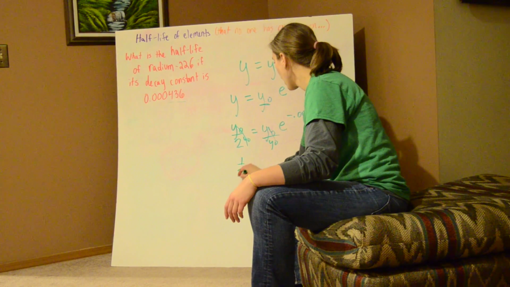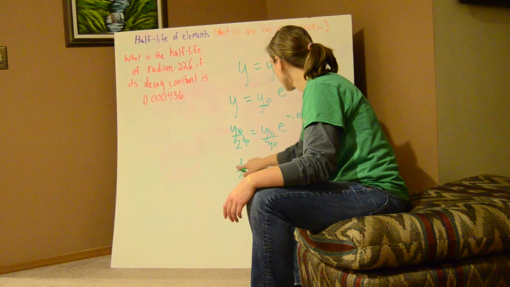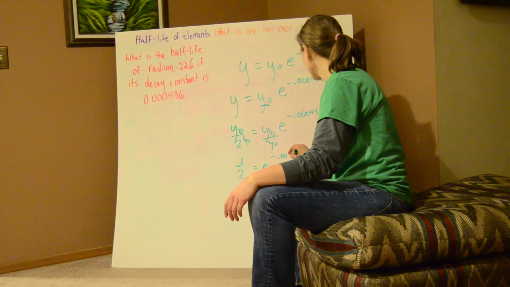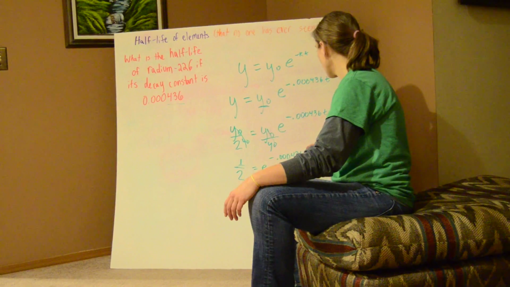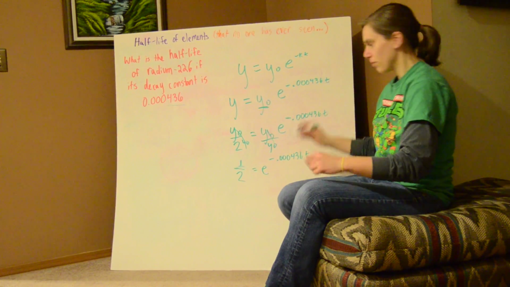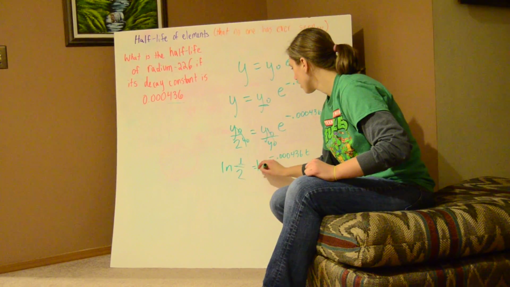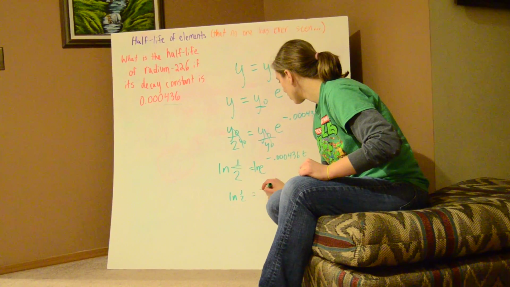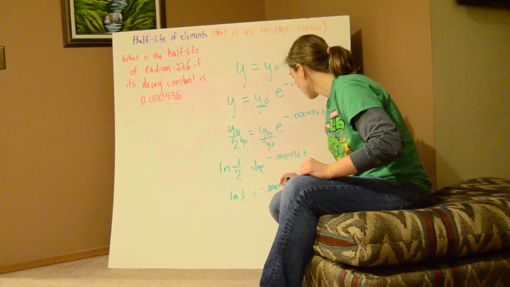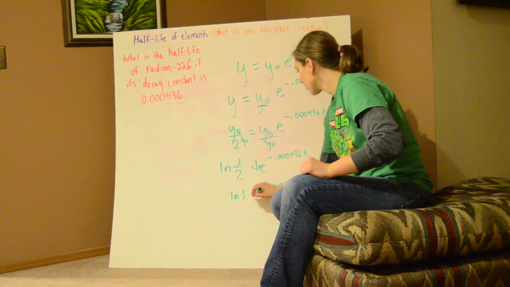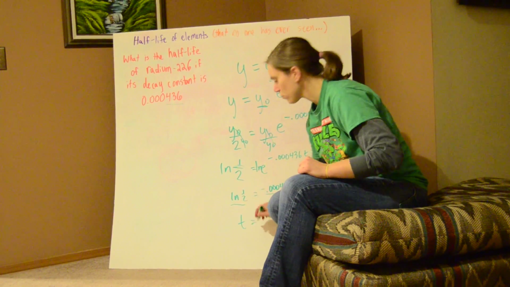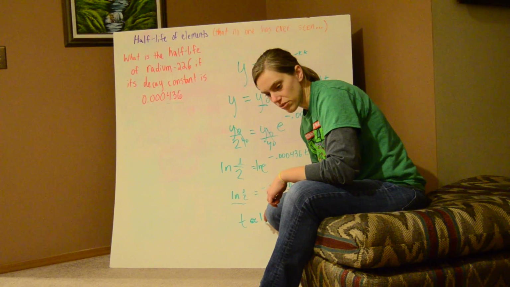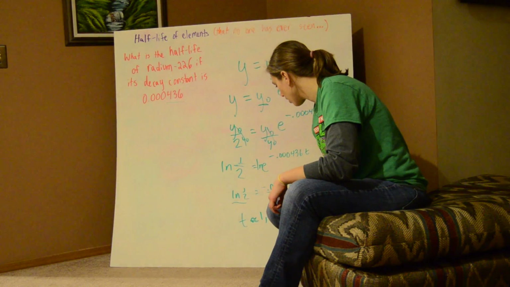We're going to be left with 1/2 is equal to e to the negative 0.000436 t. And as you guys know, we can take the natural log of both sides, and we are going to end up with the natural log of 1/2 equals our constant times t, and we divide by that constant, and we are going to be able to get t equals, and I believe in this case it is right about 1,590 years.